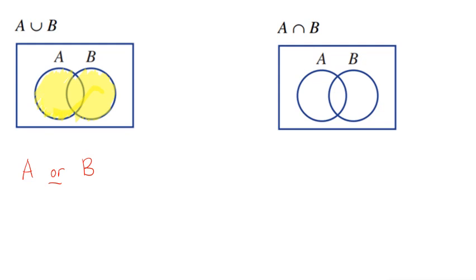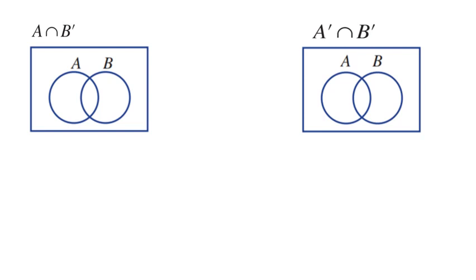So A and B. So like both of them. So this is A and B. This means A and not B. So basically it means A only. So A only is this. So A and not B. So we're not colouring in that middle bit.